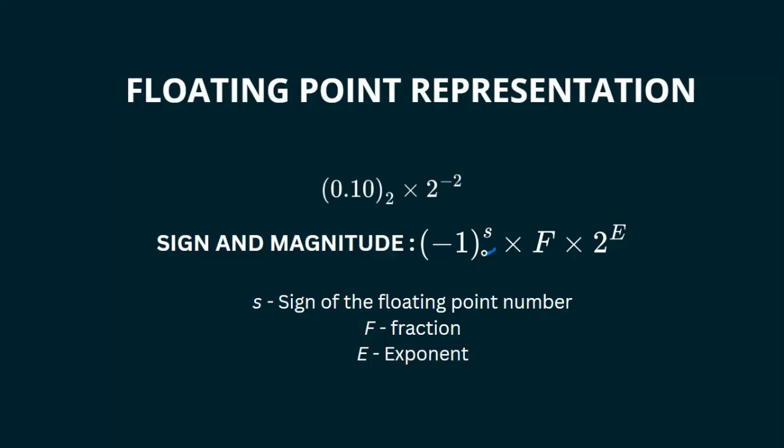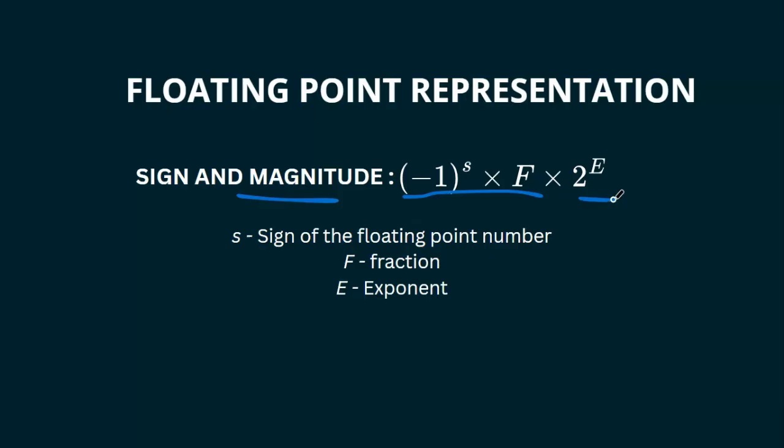In this representation, when s is equal to 0, we get minus 1 raised to s equal to minus 1 raised to 0, which is equal to 1. Hence, this entire term will be positive, or the number is positive. Similarly, when s is equal to 1, we get minus 1 raised to 1, which is equal to minus 1, which when multiplied renders this term negative.